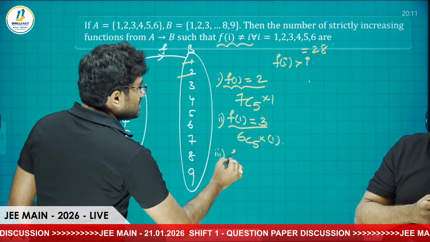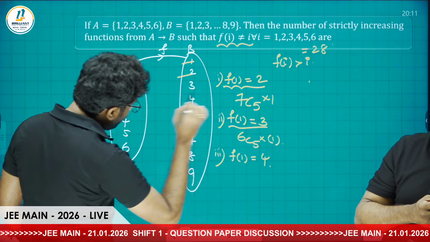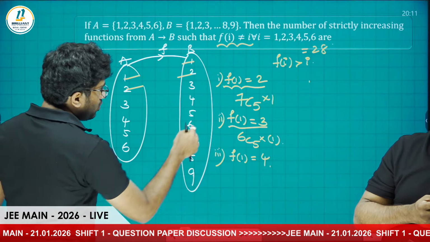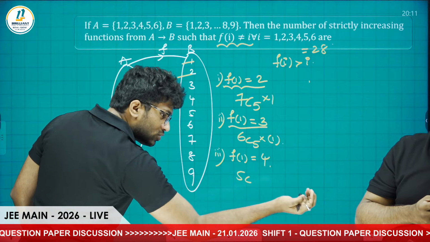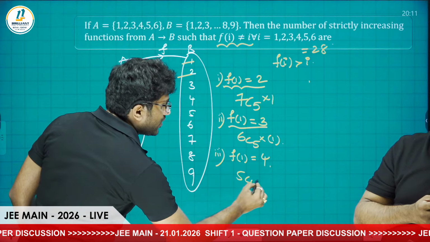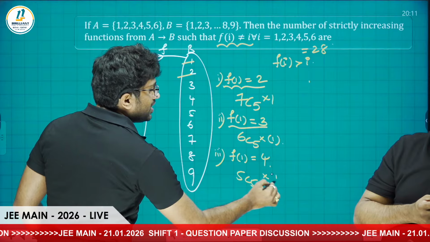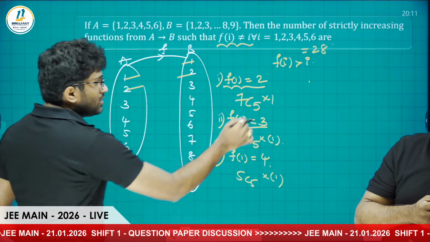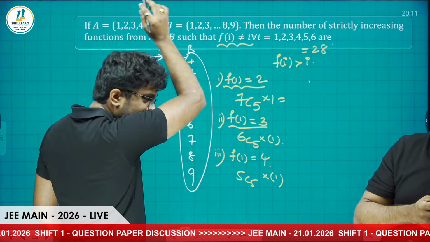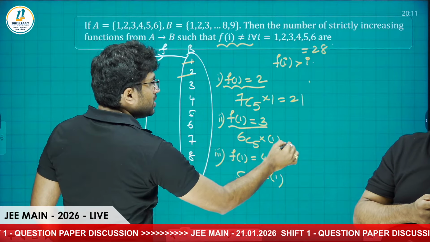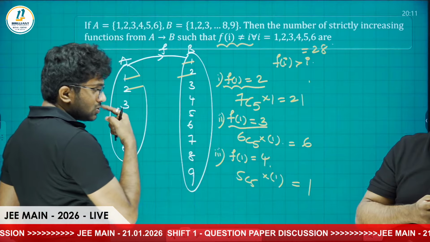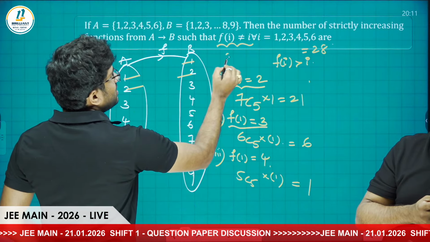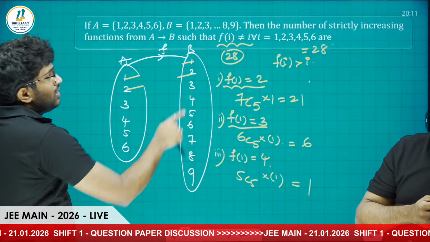The third case: if f of 1 is equal to 4, we will have only 5 elements, and we select 5 from 5 in 5C5 ways, arranged in only one way. So 7C5 is 7C2, which is 21, 6C5 is 6, 5C5 is 1. So 21 plus 6 is 27, plus 1 is 28. That is the answer for that question.